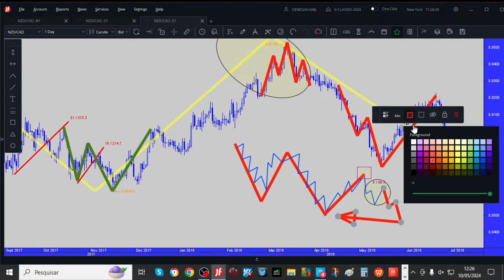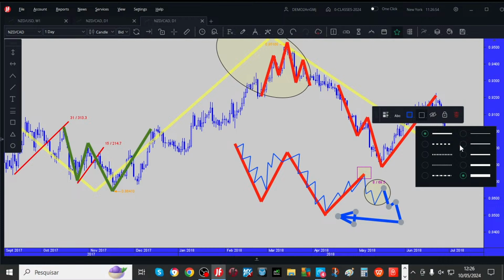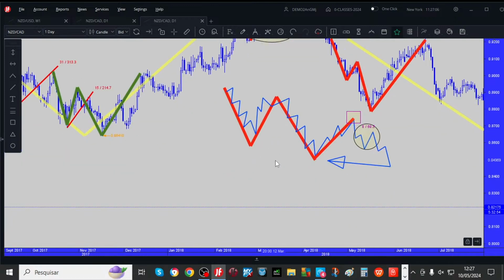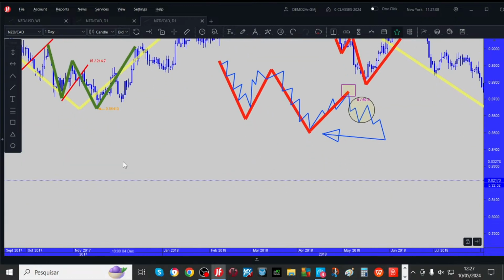Give it a second, something like this and like this. Boss, can you repeat please? I'm going to repeat what we've learned 8 months ago, how to conform the market wave, right?